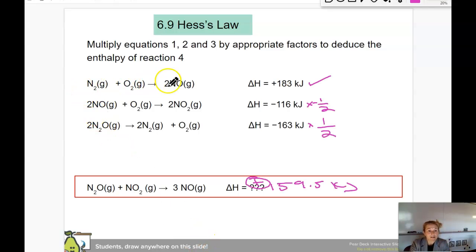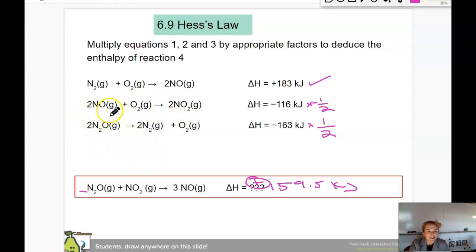Okay, so here we see step 1. We don't need to do anything to it. Whew, that makes it easier, right? The second one, we see we need to flip that guy, and we need to divide in half because we want to only have 1 N2O, right? And so, oh, I'm sorry, I skipped there for a second.